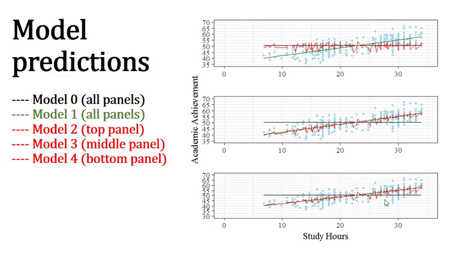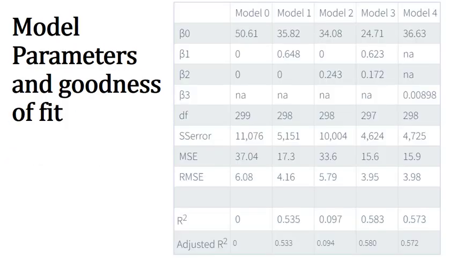So in order to do that, we need some numerical analysis to determine which model better captures or predicts the data. Okay, so here we've got a table with the values of the parameters estimated and some goodness of fit statistics.